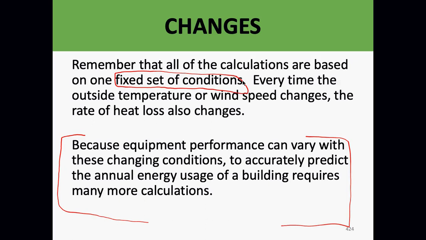There's going to be many more temperature differences. That's why, when I give you the attic cooling load temperature difference or some of the other numbers, I'm giving you worst case scenarios. It might be 1% of the time in the winter months, or 99% in the summer months, my extremes.